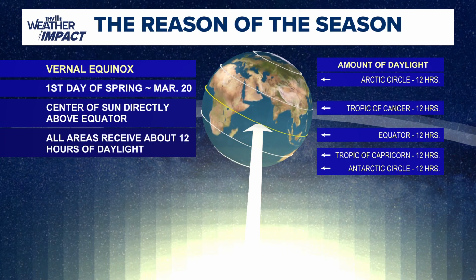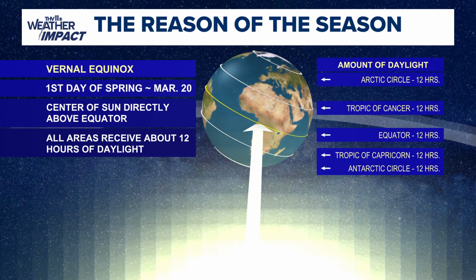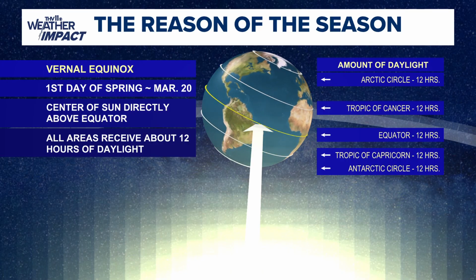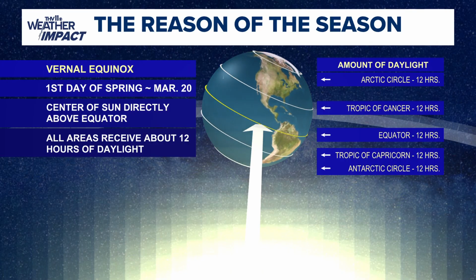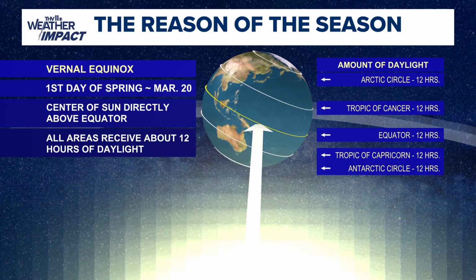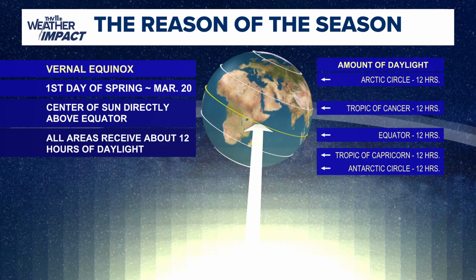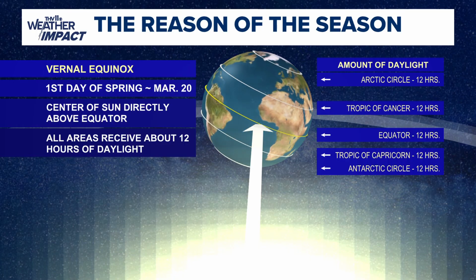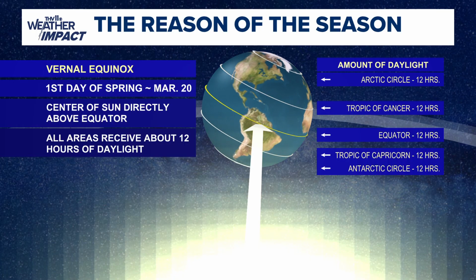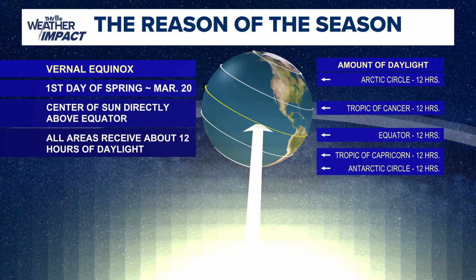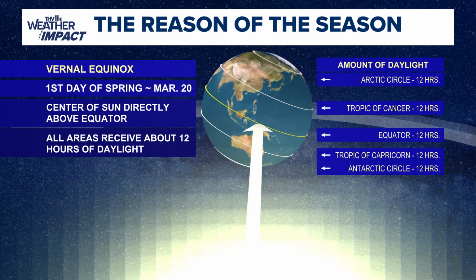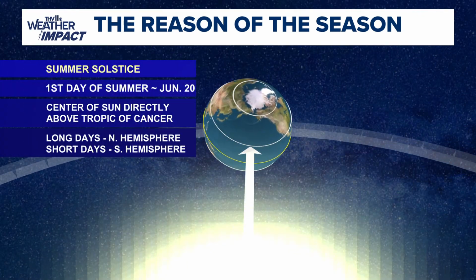And then the direct rays of the sun will continue to push their way down towards the Tropic of Capricorn, which is 23.5 degrees south latitude. So that's the direction we're going in, and that's why the amount of daylight is becoming shorter. And eventually, right now, with the equinox, everybody has 12 hours of light and 12 hours of darkness.